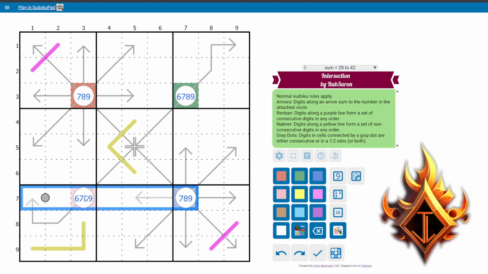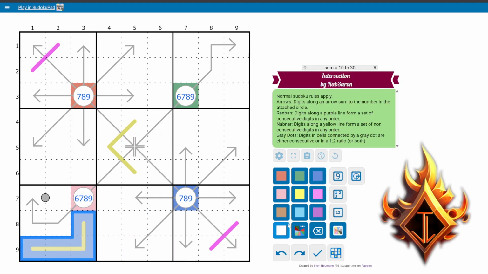Blue is going to be the same. Blue has to go on this Nabner to over here. Blue will be one of those. So blue has to be on the Nabner.